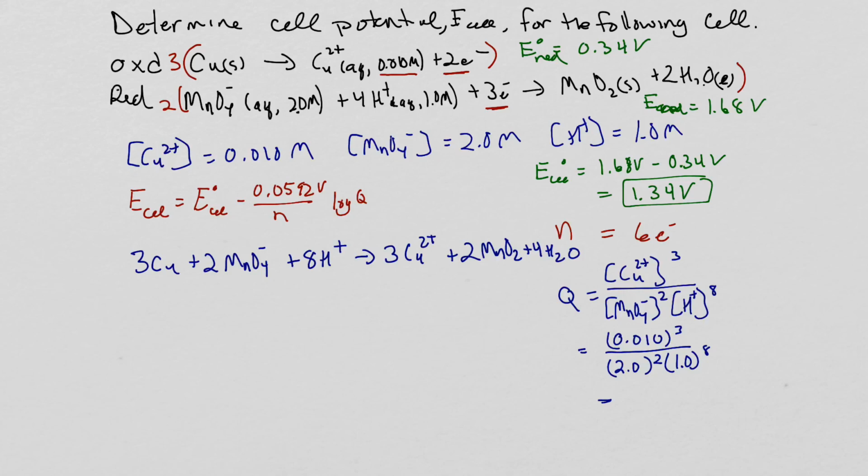So if we go through and do this, we got 0.01 cubed equals 1 times 10 to the minus 6th. Of course, 2 squared equals 4. And 1 times 8, of course, equals 8.